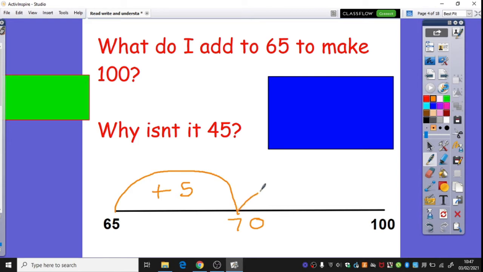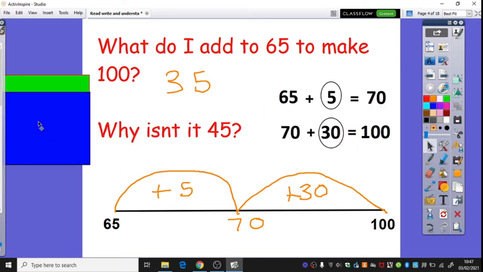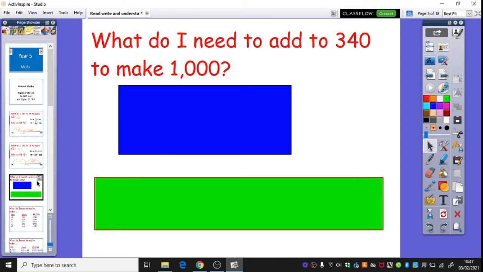From 70 then, to get to 100, we need to add 30. So altogether, we are adding 35 to 65 to get to 100. And once again, here are my jottings: 65 add 5 to get to 70, 70 add 30 to get us to 100.